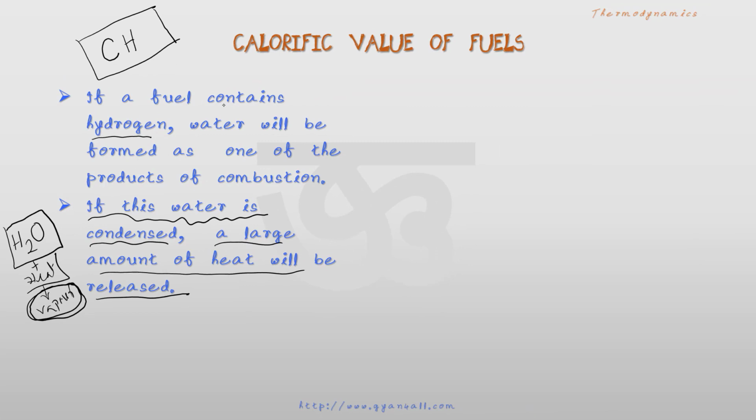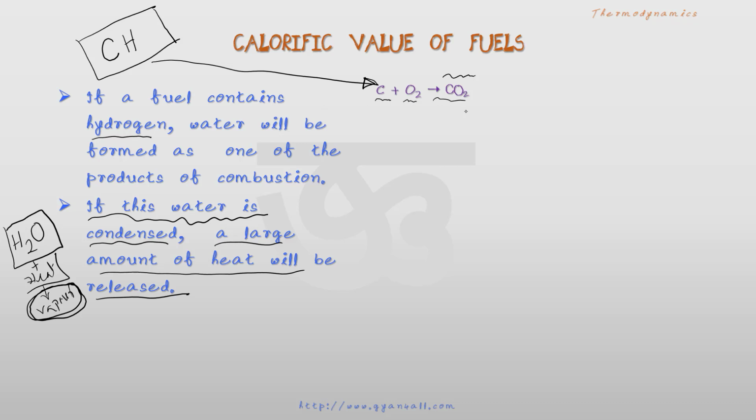So we can see the reactions. Since it is a compound of carbon and hydrogen, we first consider the carbon component. Carbon, when combined with oxygen, will form carbon dioxide.